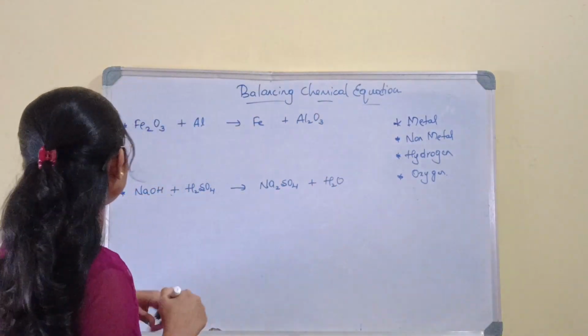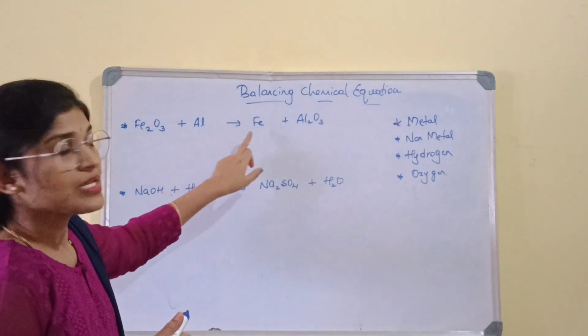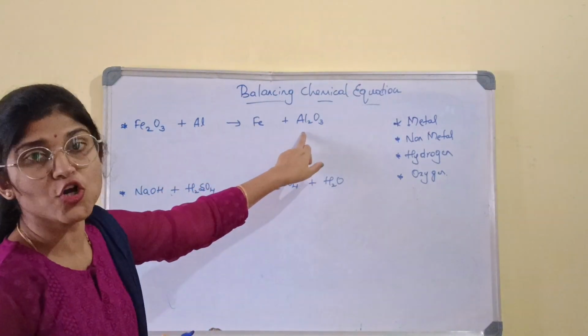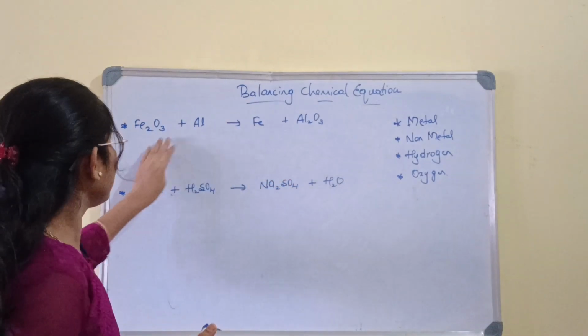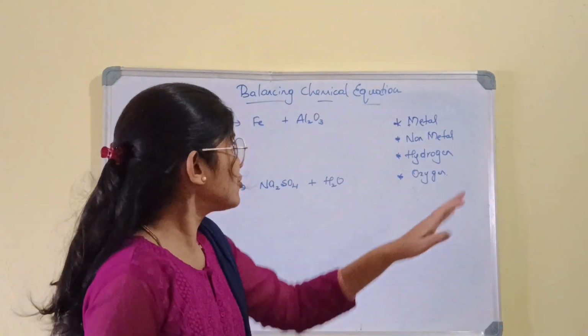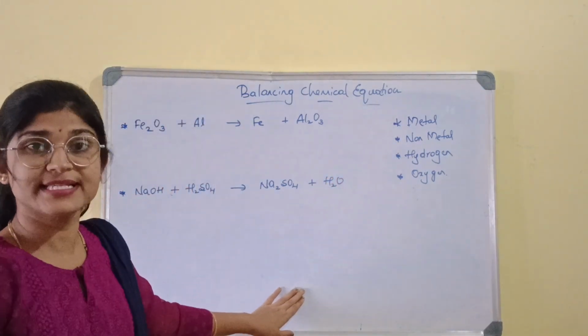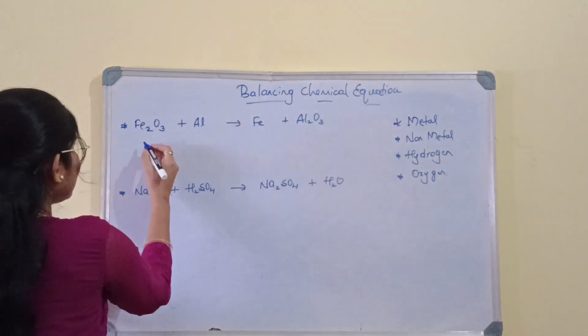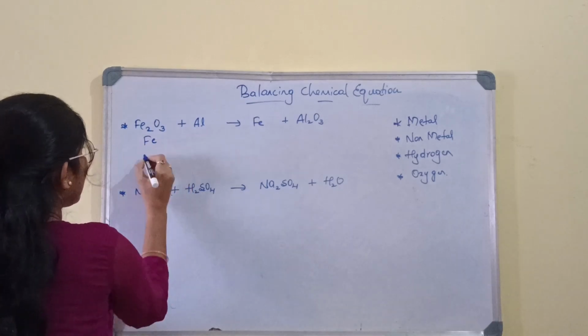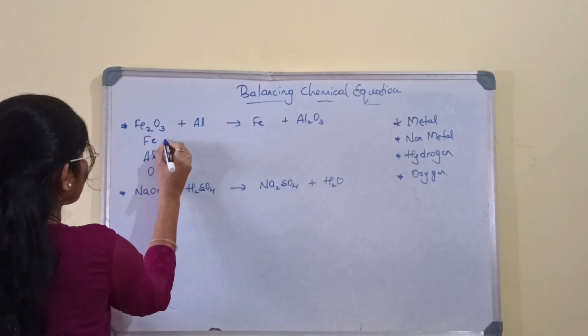Here I have taken one example: Fe2O3 plus aluminium gives Fe plus Al2O3. Before balancing the chemical equation, what do we have to see? Which is metal, which is non-metal, hydrogen, next oxygen. Here iron is a metal, aluminium is a metal, and next oxygen.